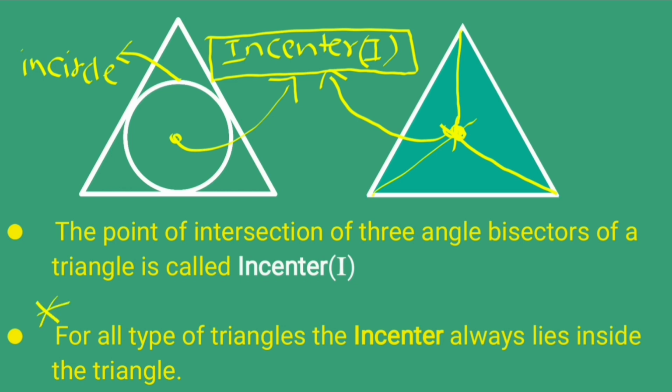This is an important point: for all types of triangles, the incenter always lies inside the triangle. Whether it is an acute angle triangle, right angle triangle or obtuse angle triangle, the incenter always lies inside the triangle only. Remember this point.